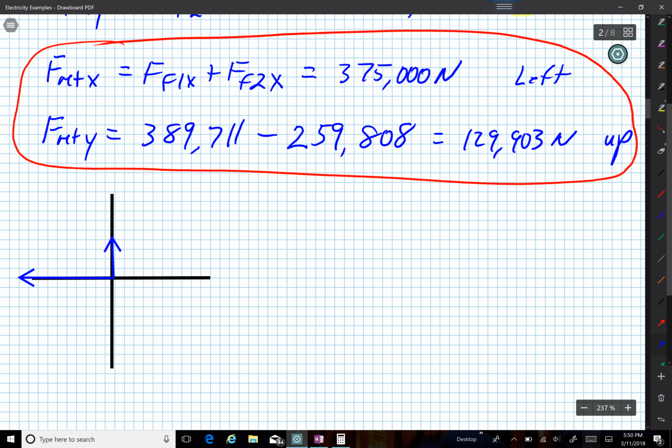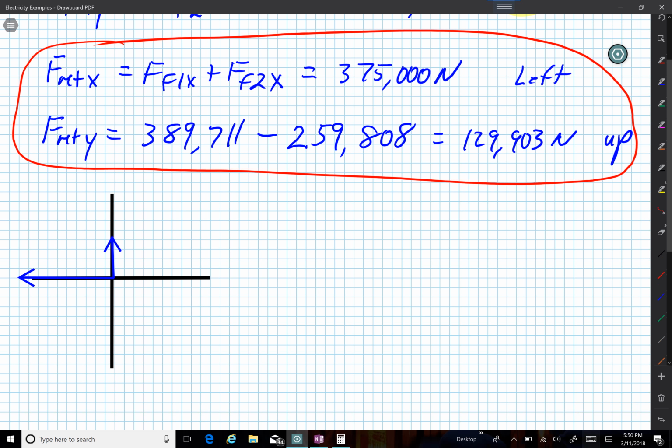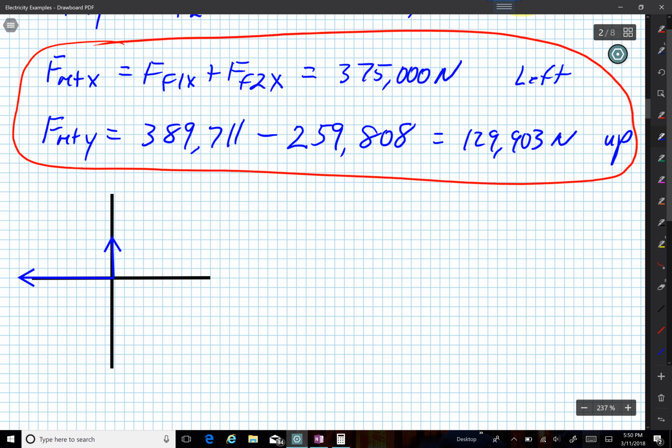Okay, and I've tried to show the lengths in some proportion here. So this is F net y, and this is F net x.